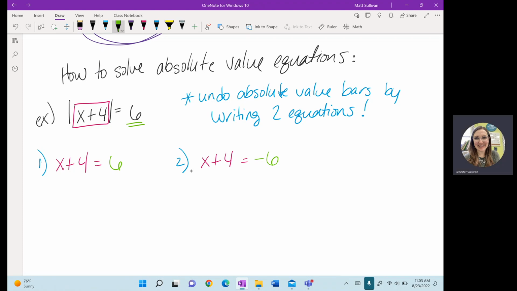When we write our two equations, that's when we drop the absolute value bars. So they're in my original right here, but when I write my two equations, then they go away.